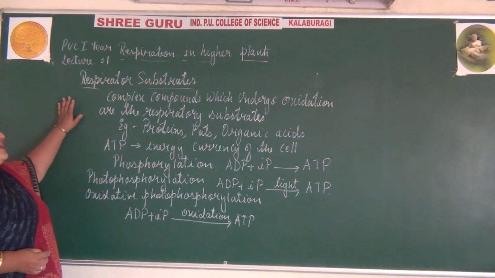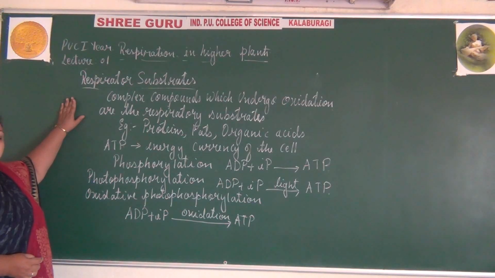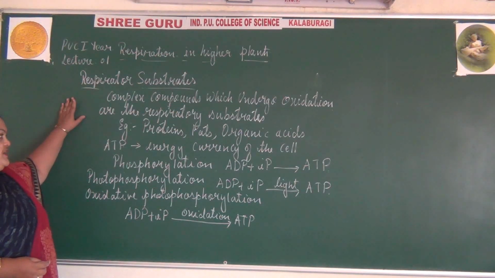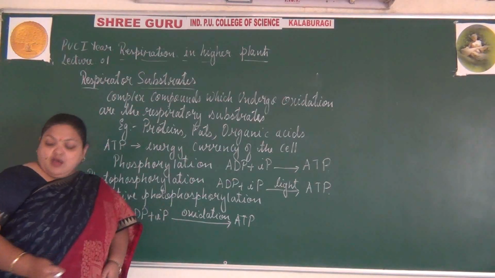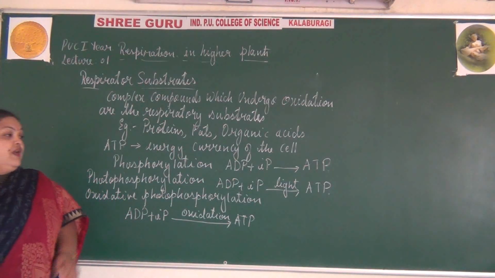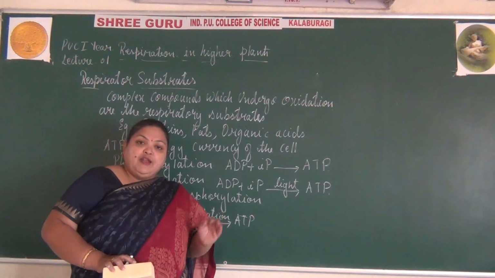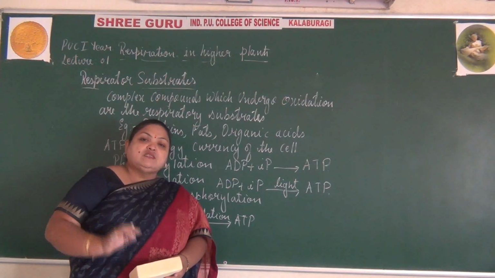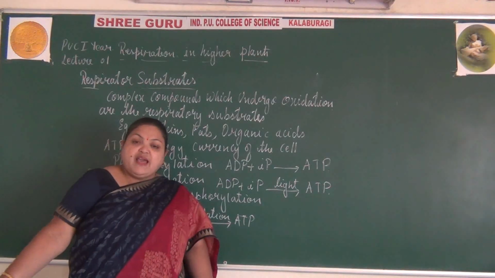So, what are respiratory substrates? The food substances or complex compounds which undergo oxidation are known as respiratory substrates. Those are nothing but proteins, fats and organic acids. Both plants and animals, in order to release energy, undergo the process of oxidation of food substances.